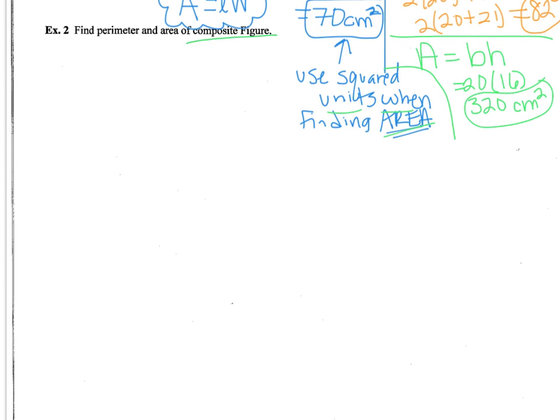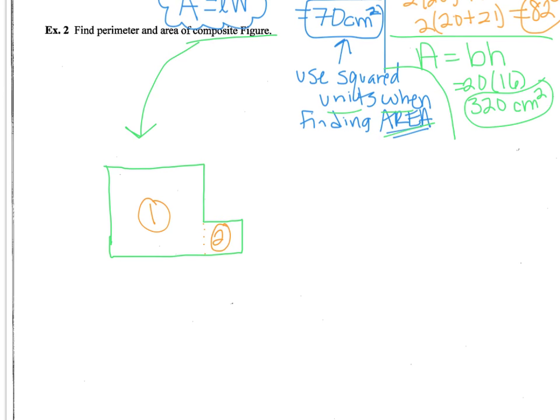A composite figure is something that we're going to look at later, but just a brief preview. Composite figures is when you put 2 or more or a lot of different shapes together, so you can break it up into different shapes, and you would say, well, this rectangle plus this rectangle equals the total.